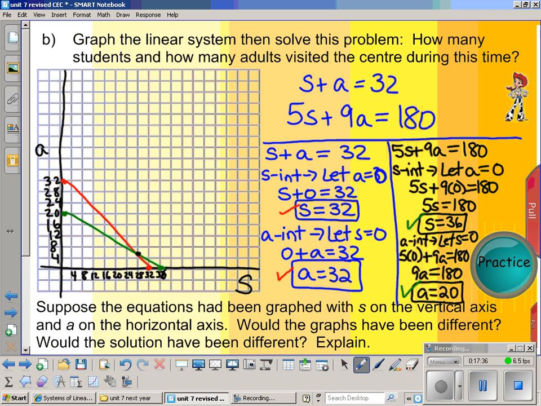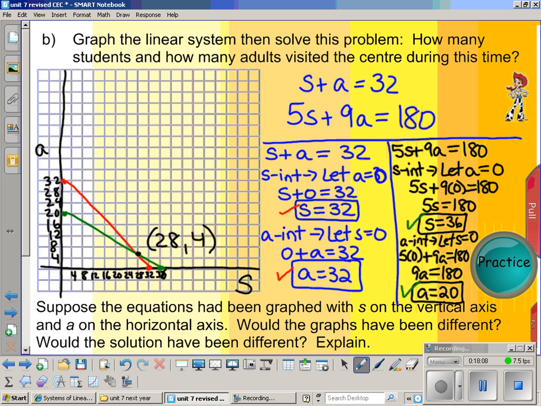Even though it didn't fall on the grid, we can say, okay, something in our graph was a little bit off. Maybe we didn't use a ruler, which I didn't. And therefore, it's off a little bit. So it's around 28 students and 4 adults. But maybe it was 27 and 5 or something like that. So this is an approximation, okay, from our graph.